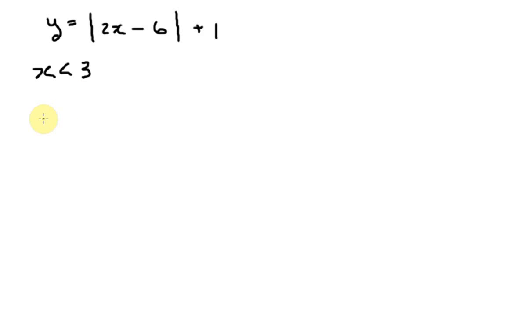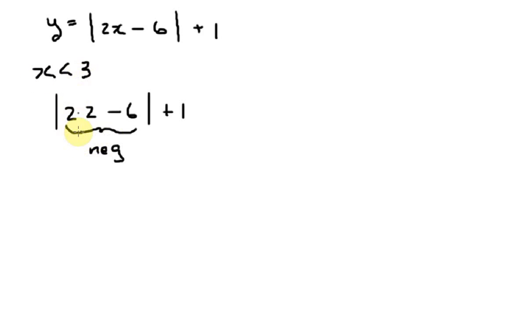If we look at a number on the left side, like 2, and plug in 2 times 2 minus 6, the numbers inside your absolute value sign are going to be negative numbers, because you're going to get 4 take away 6. That's true of any of these numbers when x is less than 3.